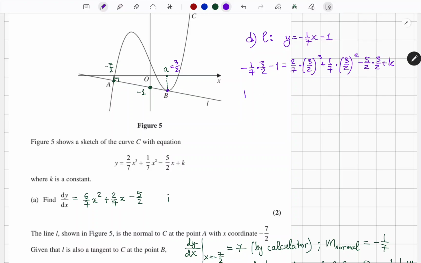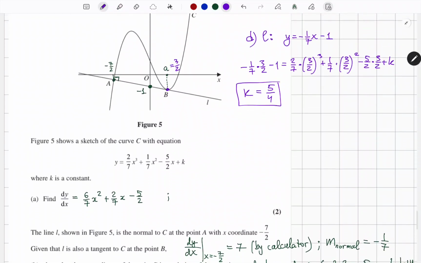So k is equal to, so I don't want to waste my time, your time, I will just put everything in my calculator and find the value of k, which is 5 over 4. 5 over 4. That's it.